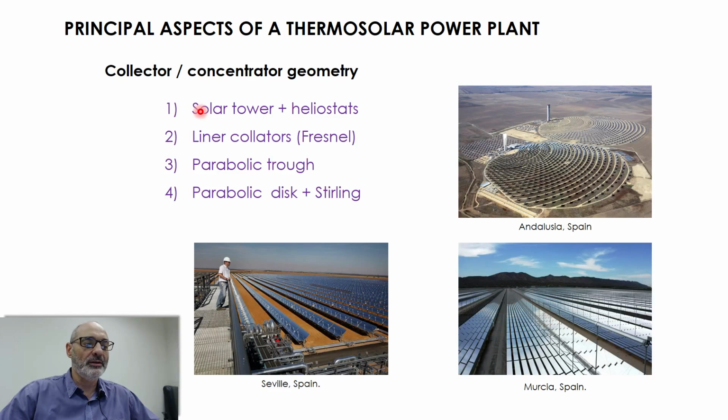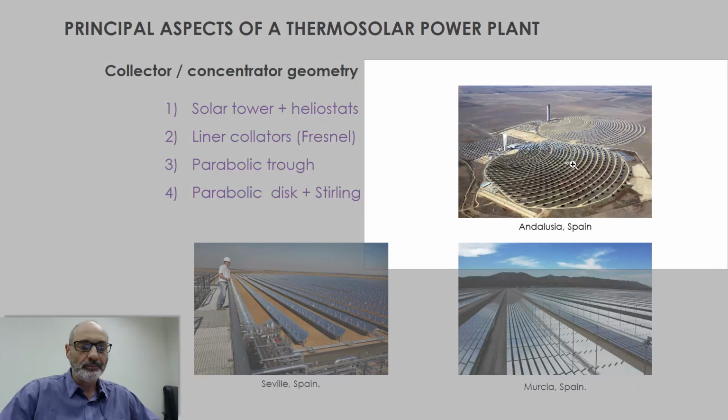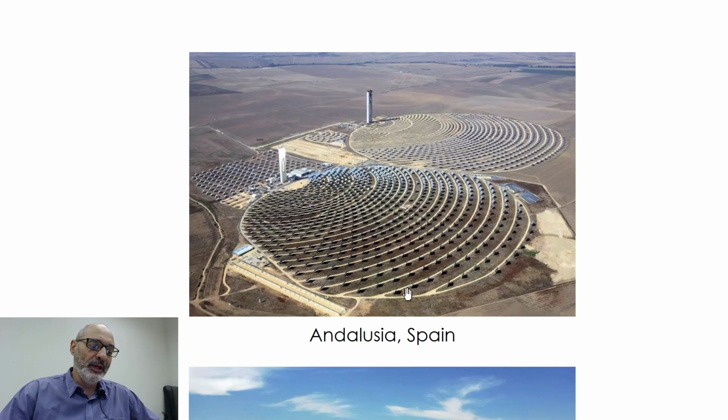First, let's start with the possible collector and concentrator geometries. First we have what we call solar towers plus heliostats. Let me zoom here to show you. In a solar power plant like this, you have a tower with a collector, and a series of flat mirrors. Each of these mirrors moves individually in order to reflect the solar energy to a point on the tower.